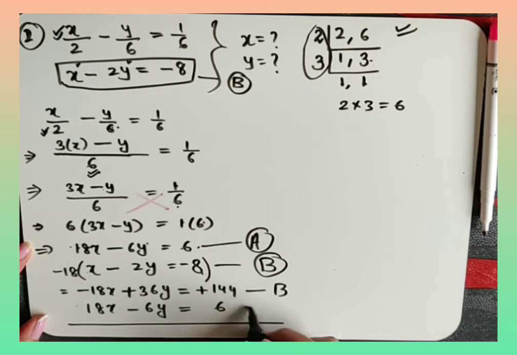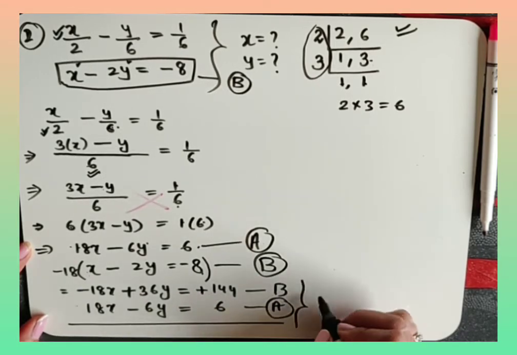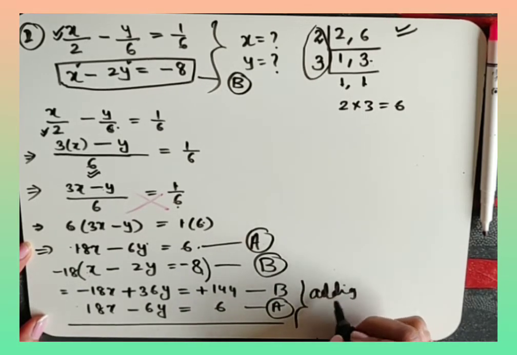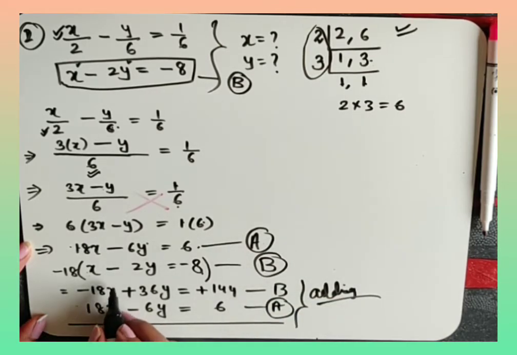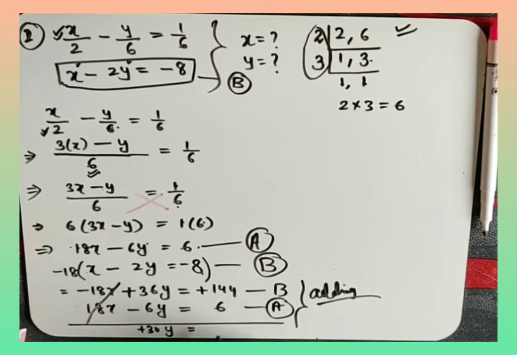Now add both equations. So minus 18x plus 18x will be cancelled, and then plus and minus, two signs are there, so you always subtract. So 36 minus 6 will be 30y, and the sign beside the bigger number is minus, so this will be minus 30y, equal to 144 plus 6, which will give you 150.